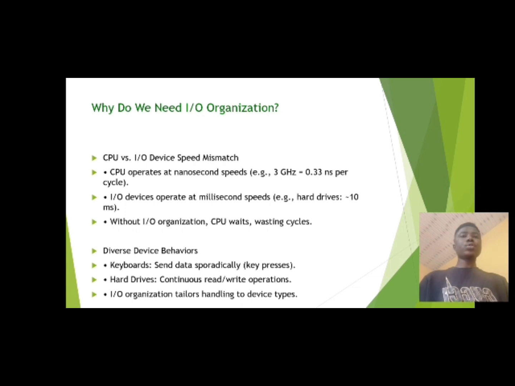So, input or output organization helps tailor the communication between the CPU and each device, depending on how the device behaves. In short, without proper input or output organization, the CPU would be stuck waiting for slow input or output devices. But with good input or output handling, we keep the CPU efficient and make the system work smoothly.